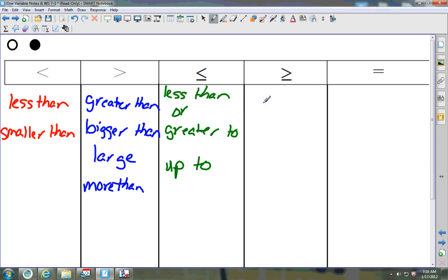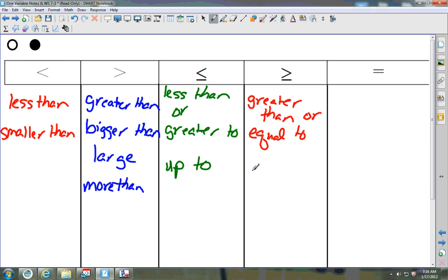This one here, the symbol is greater than or equal to. What else could we have?